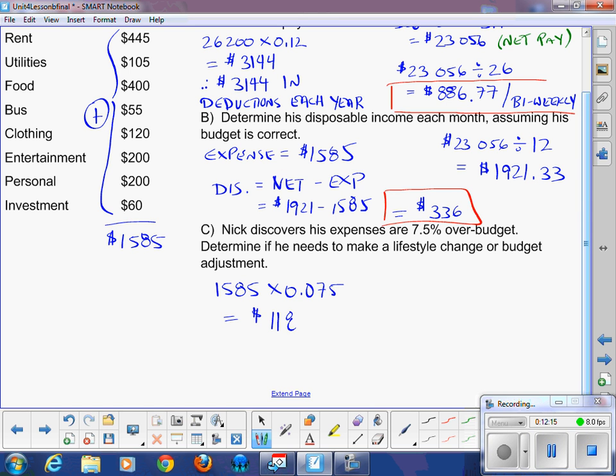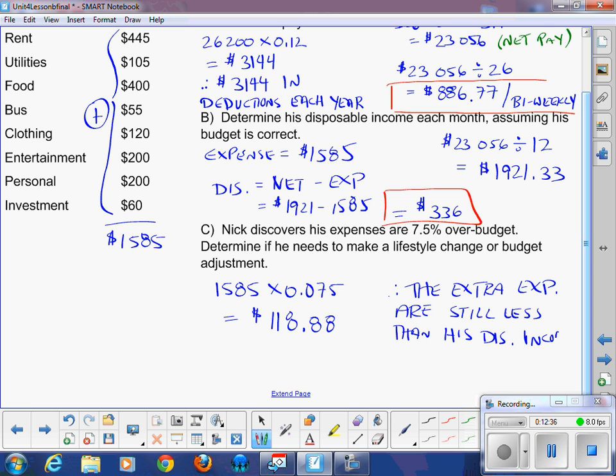I get an increase of $118.88. So therefore, the extra expenses are still less than his disposable income. All right, so above in B part, we found that he had $336 disposable income.